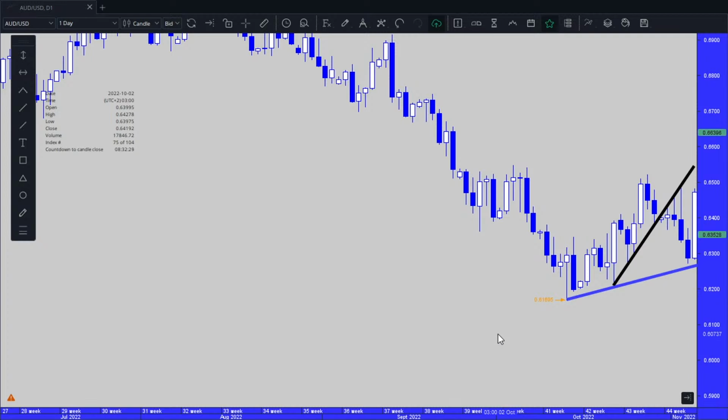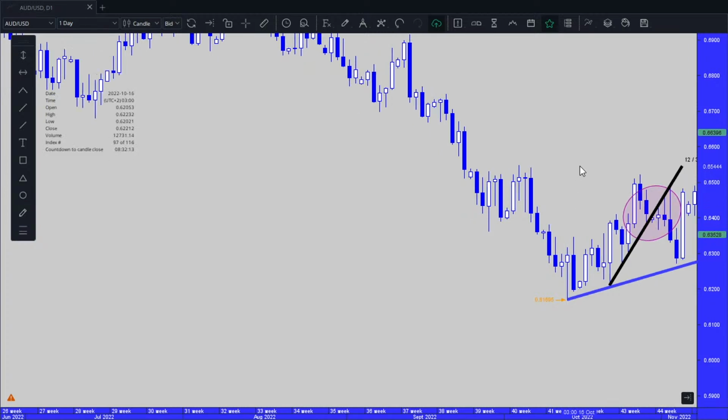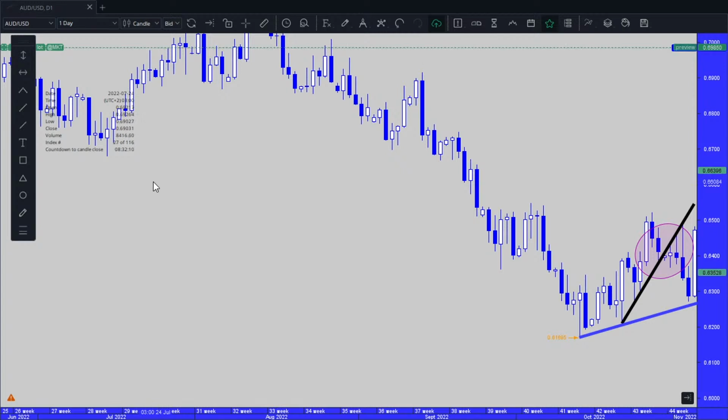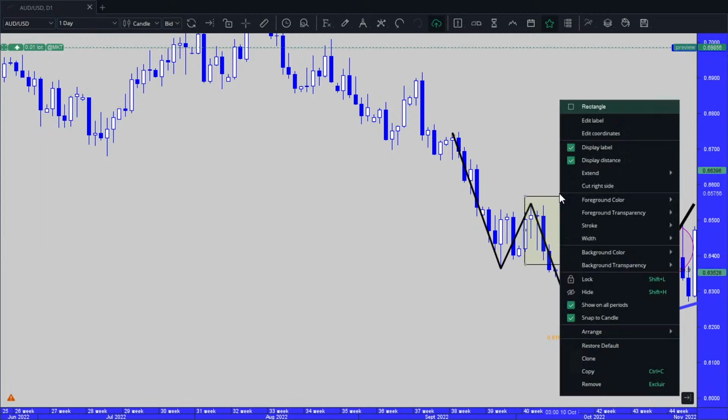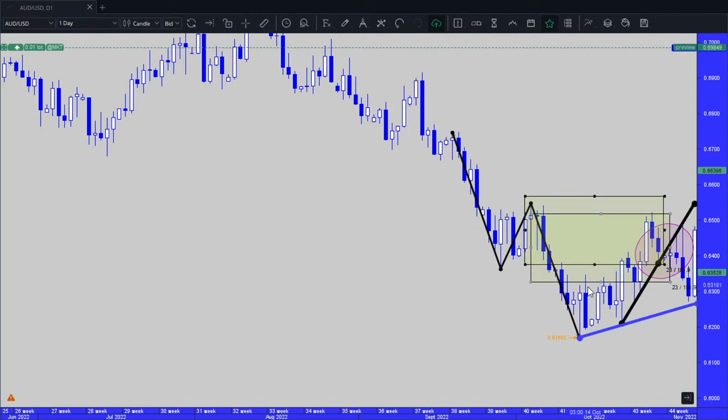Okay, not short term, but can you see, everybody, if you would enter in here, if you don't follow the rules, if you don't follow the concepts that I am teaching you, if you would short it here, the short-term trend, just an example, lower lows, lower highs, lower lows, you would enter in here. This would be your stop loss, just an example, and this would be your take profit.